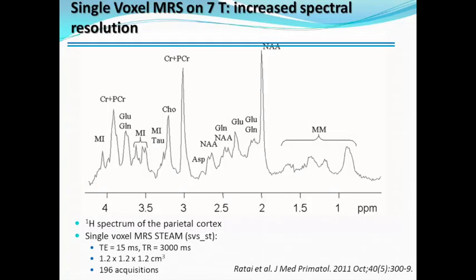And my last slide basically is you can also have increased spectral resolution if you go to higher field strengths. So the ppm scale is always the same. It always goes from 0 to 4 ppm that we're interested in, right? But now all the metabolites are stretched out on a much higher frequency scale. Instead of being cramped on 500 hertz, now they are distributed on 2000 hertz. So now you can actually distinguish glutamine from glutamate.